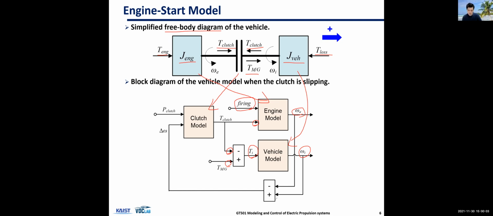You take a summation of that, and you get delta omega, and that's going to be an input to the clutch model, and you have clutch pressure as a control variable for the clutch model. Any questions? So far, pretty straightforward, right?